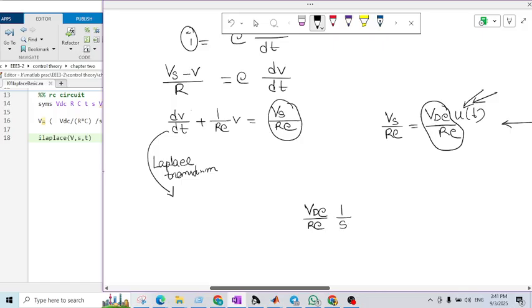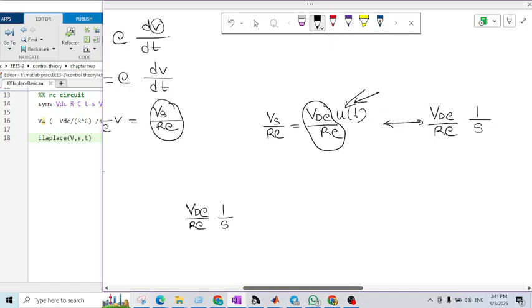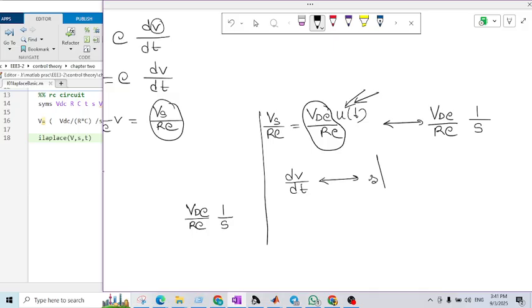Well, so now let's see how to transform dV by dt. If I write dV by dt, we have a formula here for how to transform this derivative. First we have to write s, then the Laplace transform of V, that is capital V, then we have to subtract the voltage in time domain at 0 minus, that means the initial voltage of the capacitor.